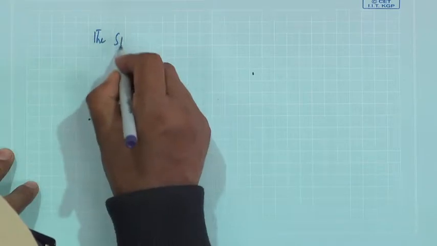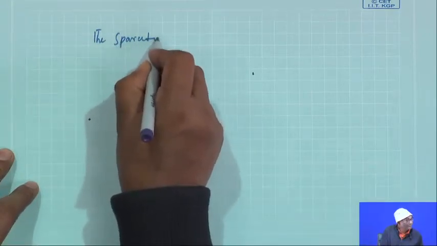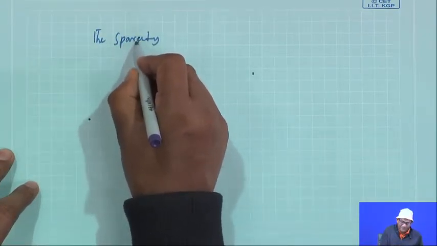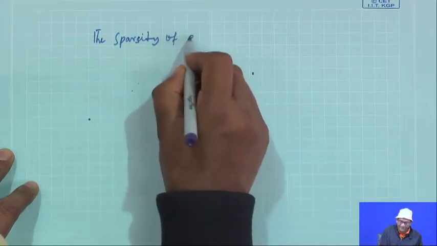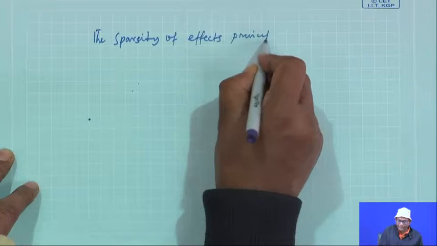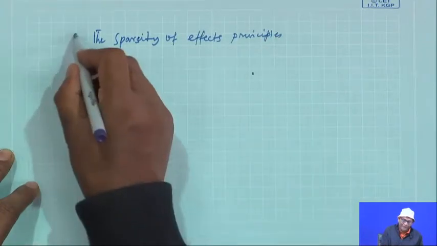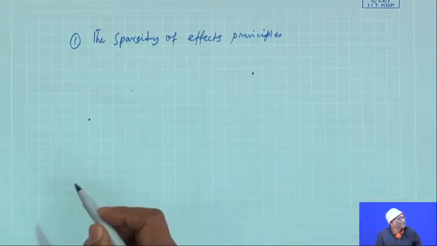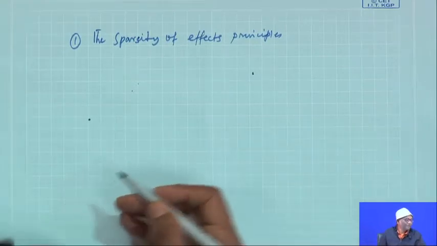What are those properties? The first property is the sparsity of effects principle. What is the sparsity of effects principle?